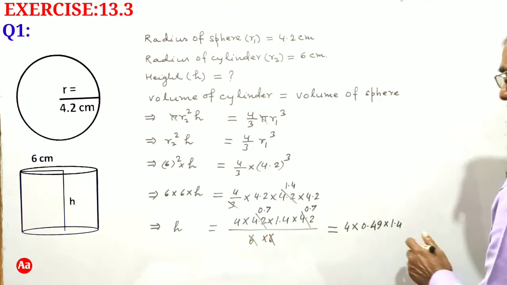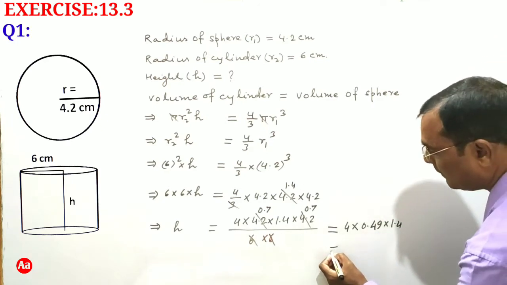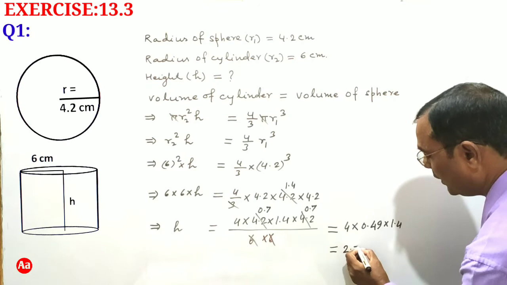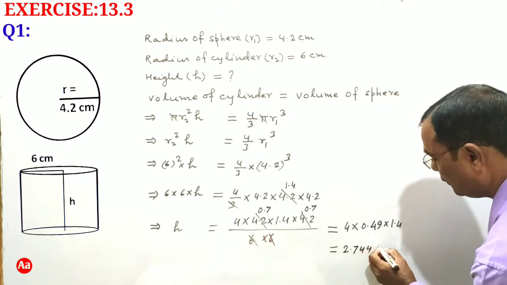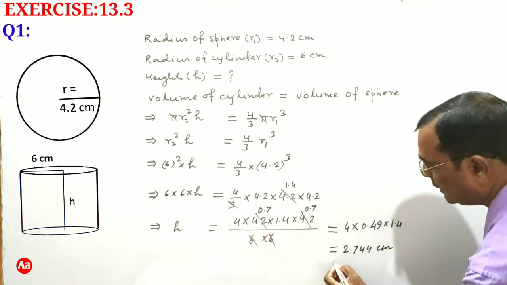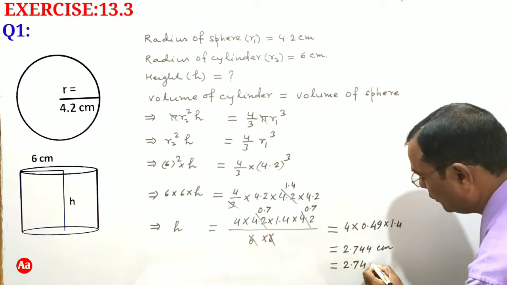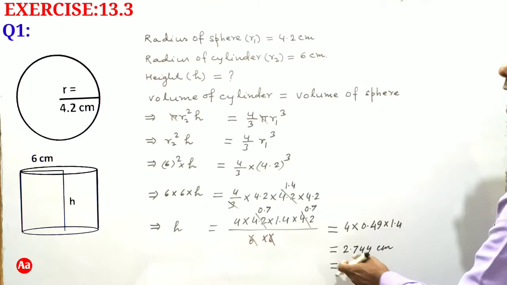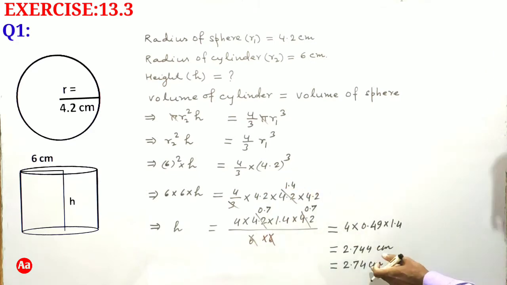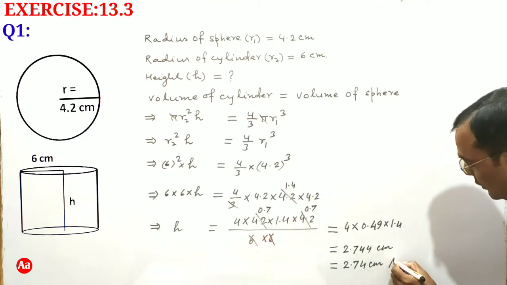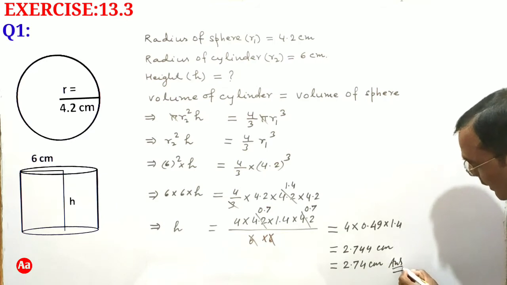If we multiply it, we find 2.744 centimeter, and this we can write 2.74 centimeter, height of the cylinder up to 2 places of decimal. So this is the required height of the cylinder. Now let's see question number 2.